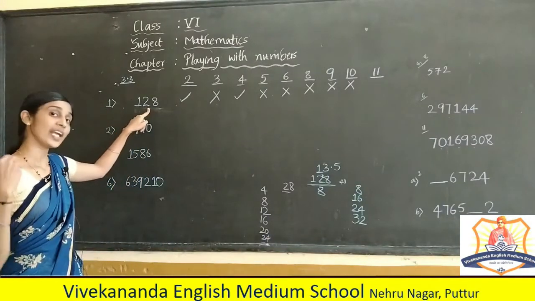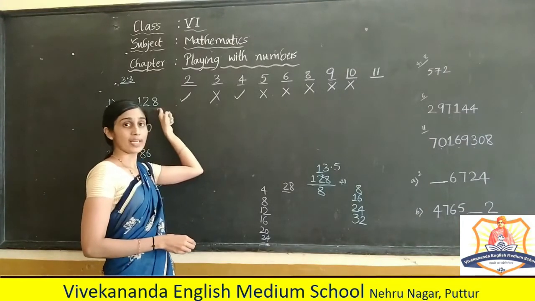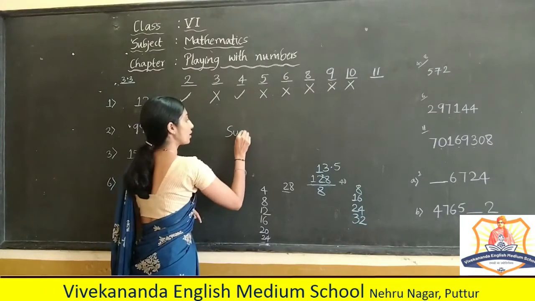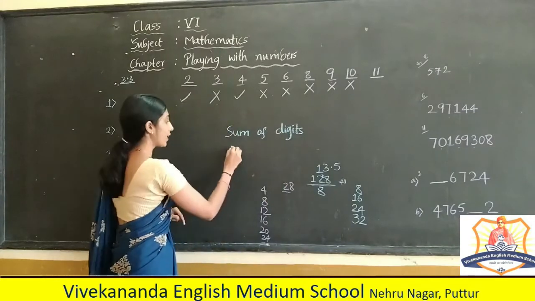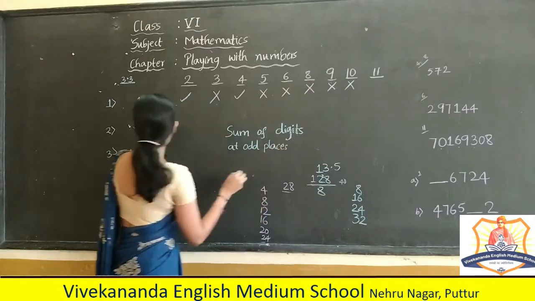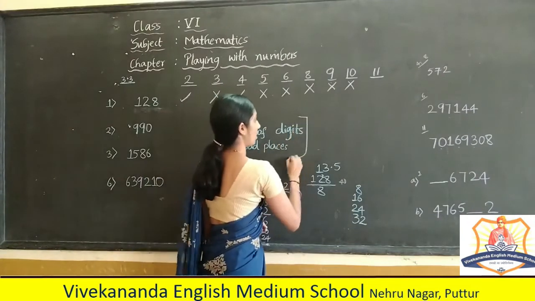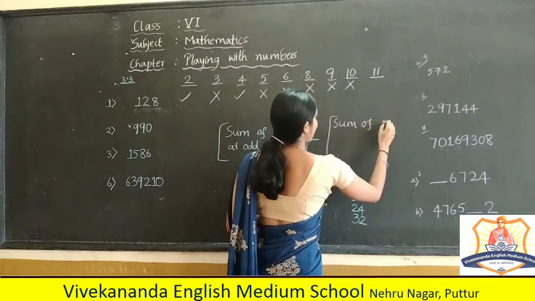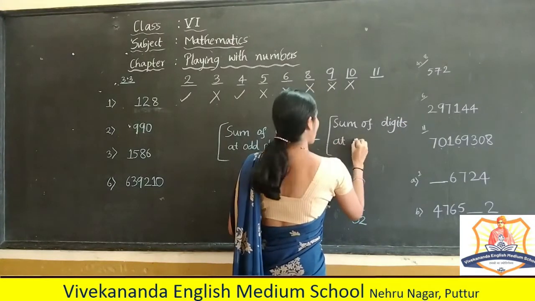Next, 11. We call the test to find whether the given number is divisible by 11 or not. So what is the test? The sum of the digits at odd places from the right, minus the sum of the digits at even places.